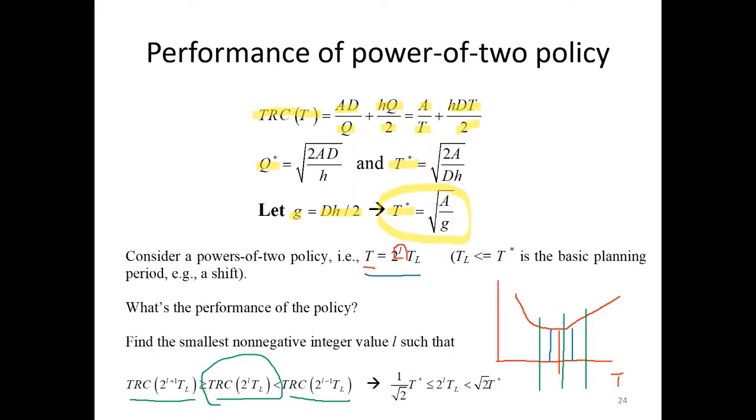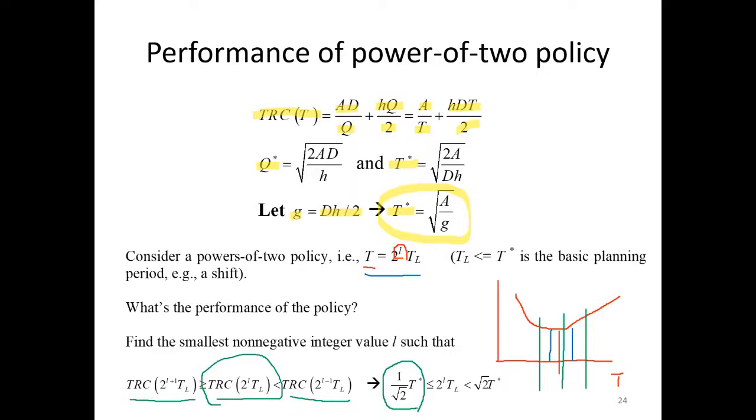In order to facilitate our calculations, the lower and upper bounds can be defined using T star. When you go back to the main formula used for calculating the total relevant cost as a function of T, we use 1 over square root 2 T star as the lower limit, and square root 2 T star as the upper limit.